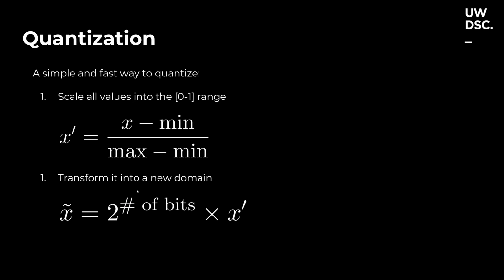And then we transform it to a new domain. So the new x tilde would be 2 to the power of the number of bits. So let's say 2 to the power of 4 multiplied by x prime, and that'll be your numbers in the new domain. And that saves space, since different types of numbers consume different sizes of memory.